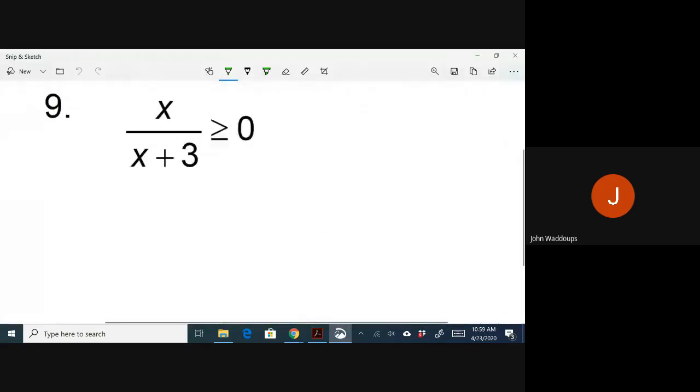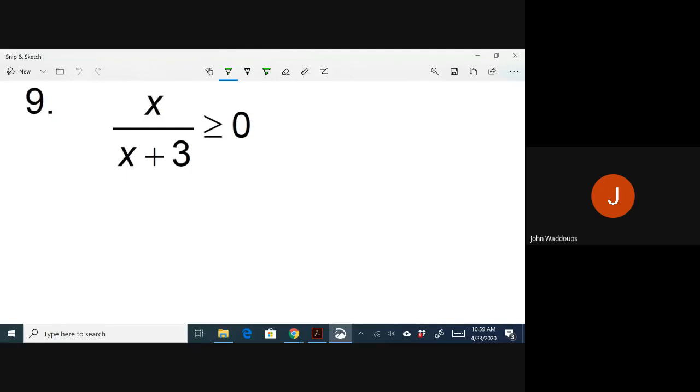All right, on number 9, we've got x on the top and x plus 3 on the bottom. So we don't really have to do any factoring. The x on the top, what would make that 0? Well, if x equals 0. And then the one on the bottom, x equals negative 3, right? Yep.